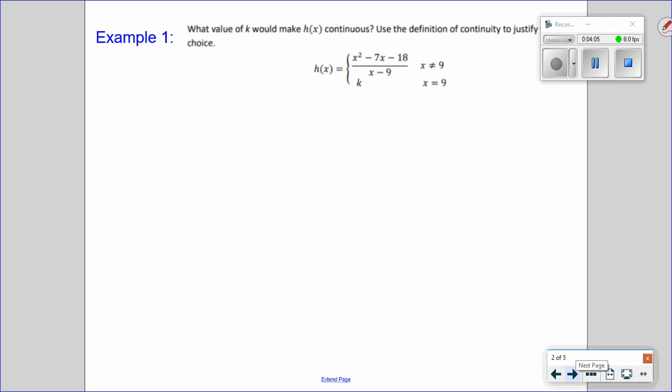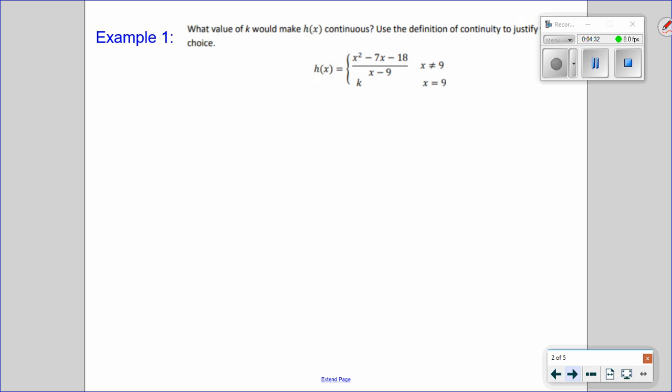Here's an example. We're given a piecewise function, h of x, where h of x equals x squared minus 7x minus 18 over x minus 9 when x does not equal 9, and h of x equals k when x equals 9. We want to figure out what value of k would make h of x continuous.